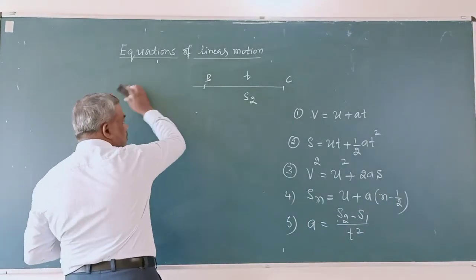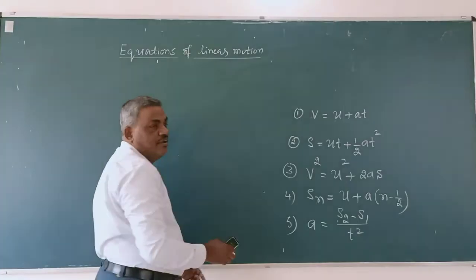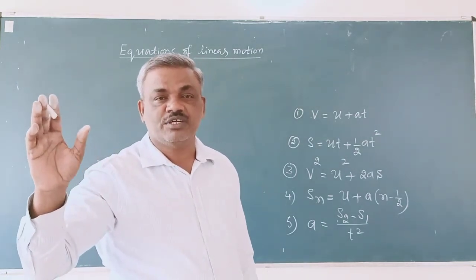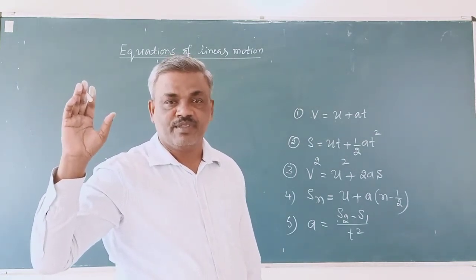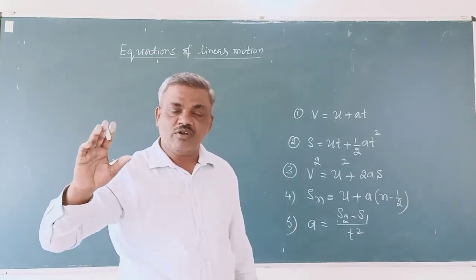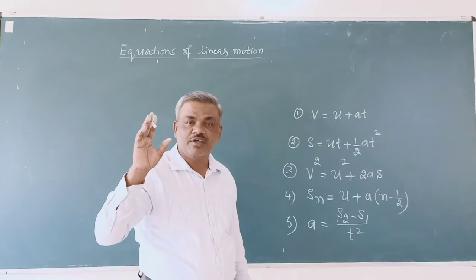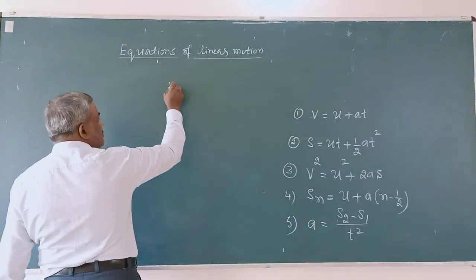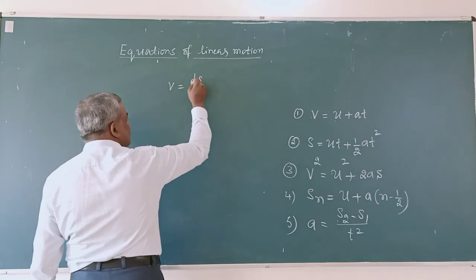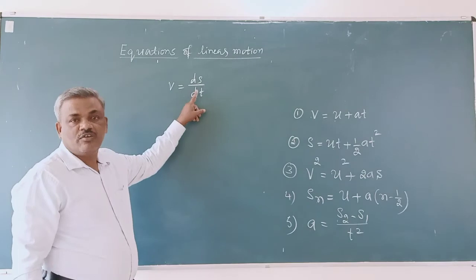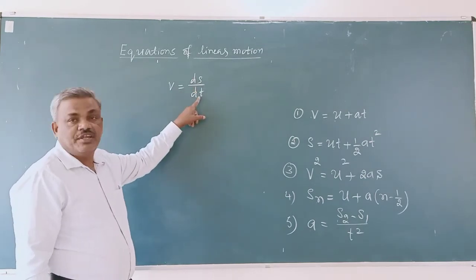Friends, you should know the important definitions. Speed: the time rate of covering a distance by an object is called speed. Average speed: the total distance traveled divided by the total time taken is called average speed. And velocity: the rate of change of displacement is called velocity, ds by dt.